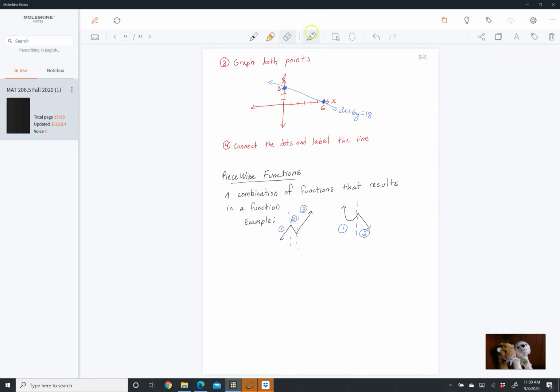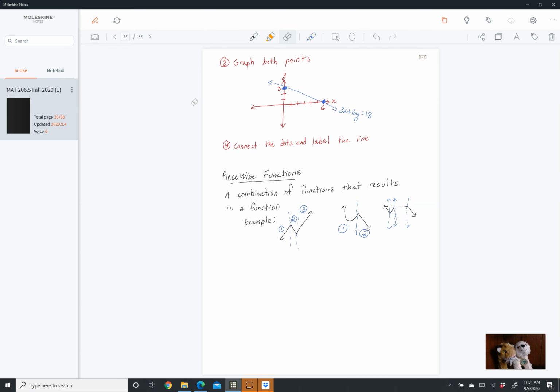Let's take one more example of what a piecewise function would look like. Okay, this is an example of a piecewise function with 4 functions. So we have 4 lines.